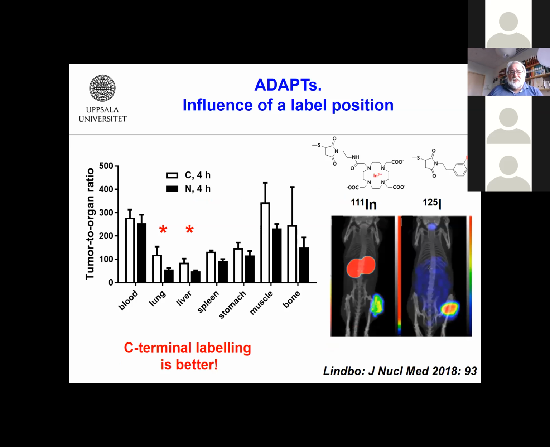For example, we have shown that if we place the label at the C-terminus, not at the N-terminus of ADAPT, we gain twice as high tumor-to-lung and tumor-to-liver ratios. And both lungs and liver are major metastatic sites. So by increasing the contrast towards lung and liver, we improve the sensitivity of imaging. So this work made sense.